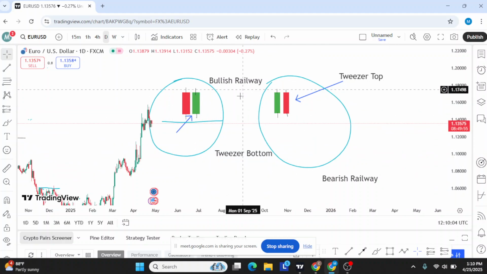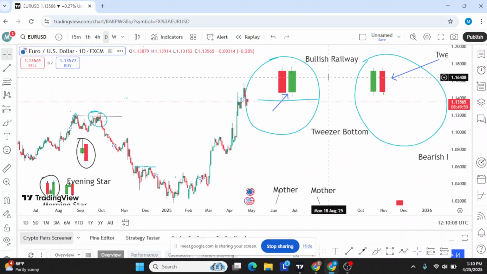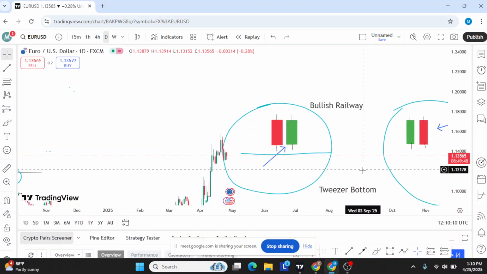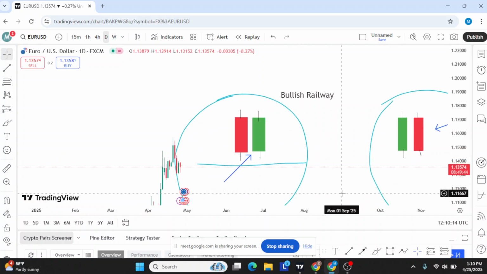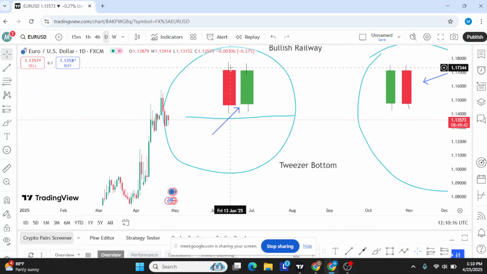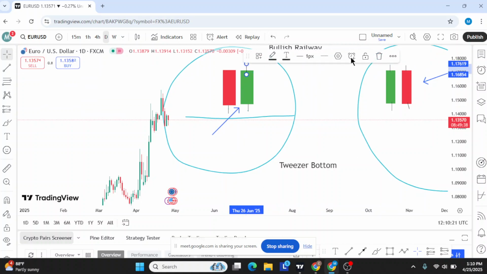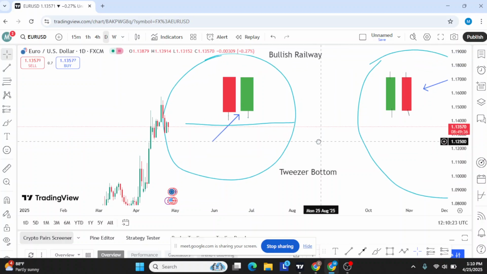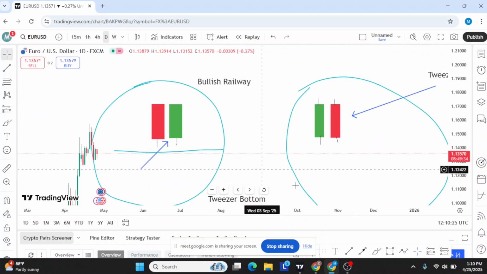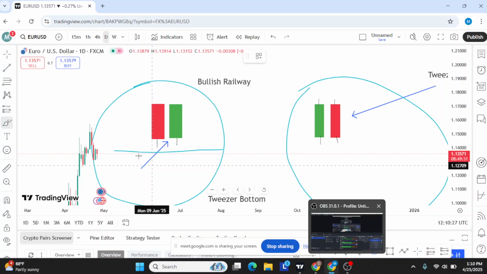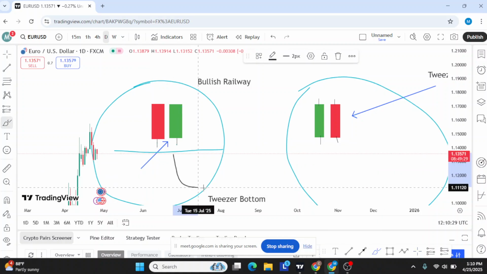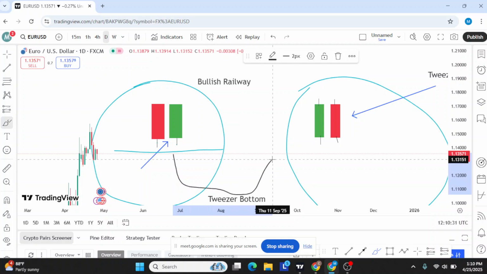With the bullish railway, we want to see a bearish and a bullish one, and always note that the slight difference between the tweezer bottom and the bullish railway is that the wicks at the top will not be present. So with us not seeing wicks at the top, this signifies that this is a tweezer bottom.